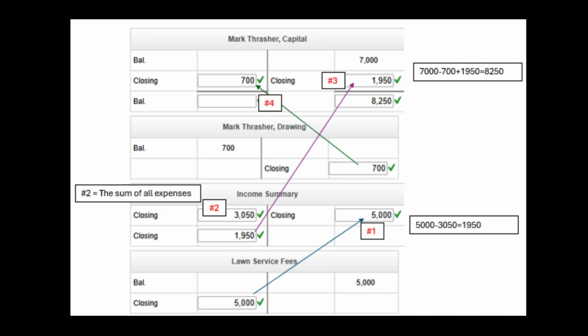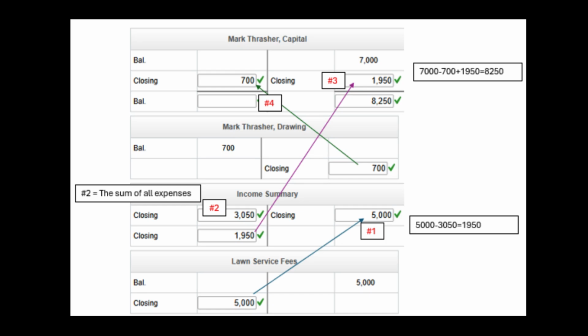I have a note there on the screen: number 2 is just the sum of all the expenses for this person. Once I have those two numbers in my income summary, I am going to subtract. My $5,000 revenue minus my expenses gives me, on my screen, $1,950. So you're going to subtract your two numbers and get a number over on the debit side for income summary.